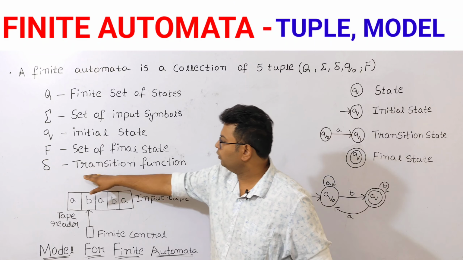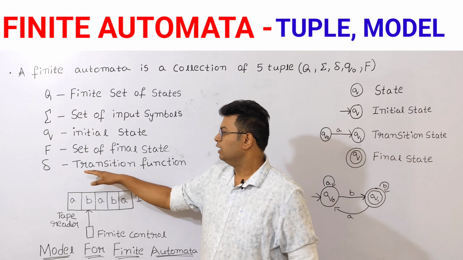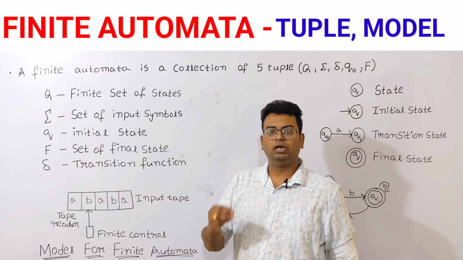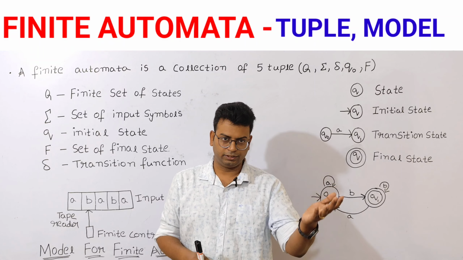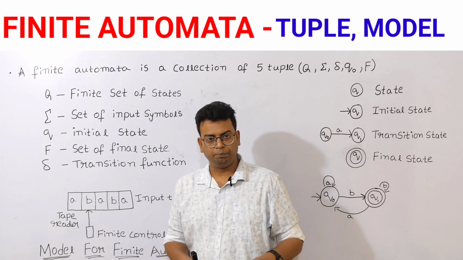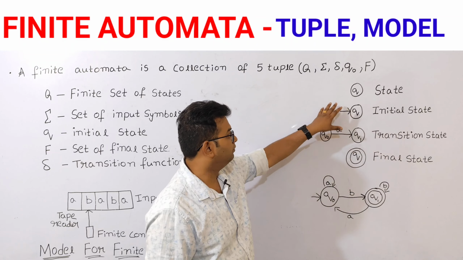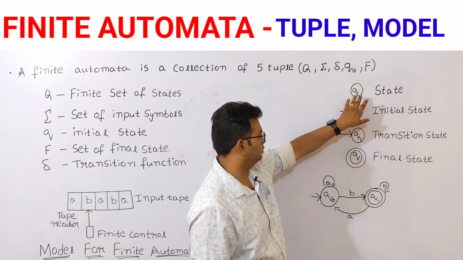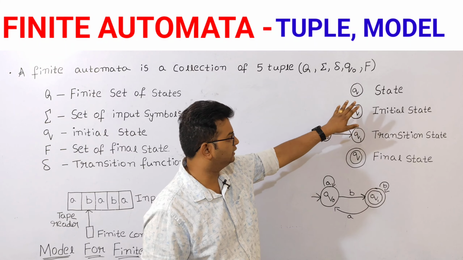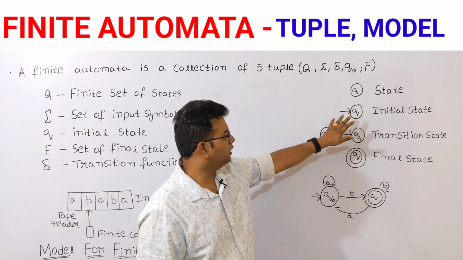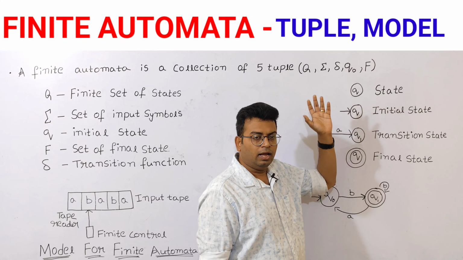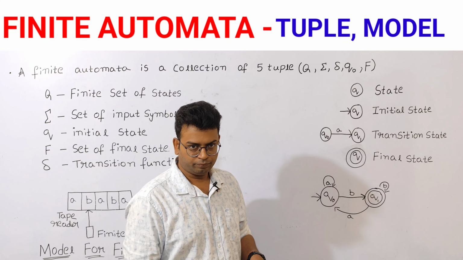And coming to the transition function delta, it's a mapping function which determines the next state, the change of states, according to the input. Here look over the symbols. Capital Q under the circle is a state. Whenever we see a Q under a circle, it defines a state.